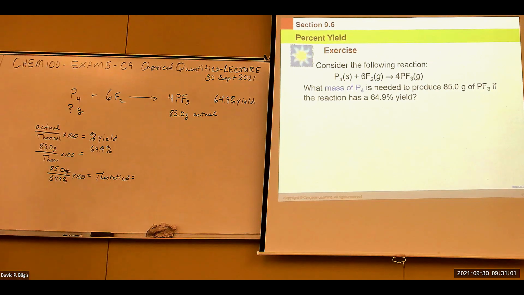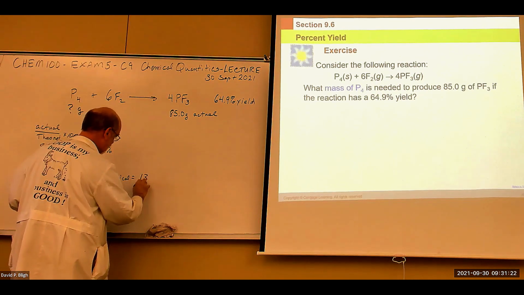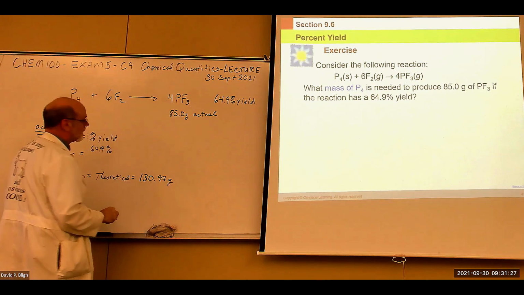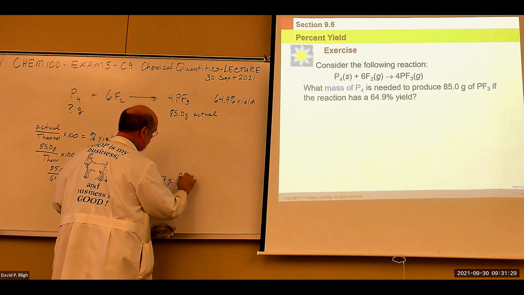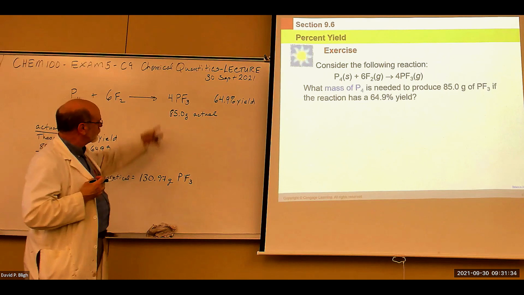Okay, let's do that calculation. 85 divided by 64.9 times 100 is 130.97 grams of PF3. So this is the value that we use for our stoichiometry.